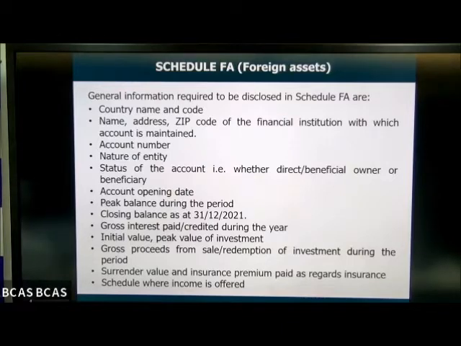Then gross interest paid or credited during the year, the initial value and the peak value of the concerned investment, the gross proceeds from sale or redemption of investments during the period covered by the return, surrender value and insurance premium paid as regards the insurance held outside India, and schedule where the income from that particular asset is offered for tax or is disclosed in the ITR. That has also got to be mentioned in the schedule FA.